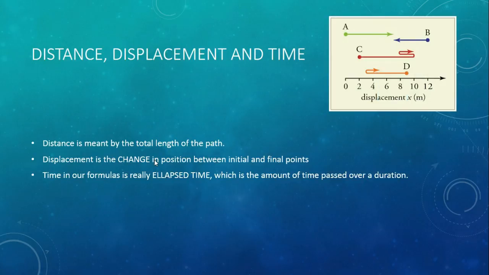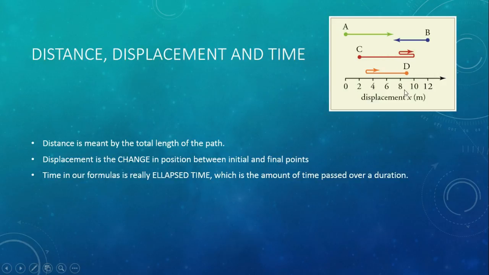So now here's an example of what I mean by displacement and distance. Let's look at C and D because they really illustrate it. C travels all the way to 10, back, and then forward.